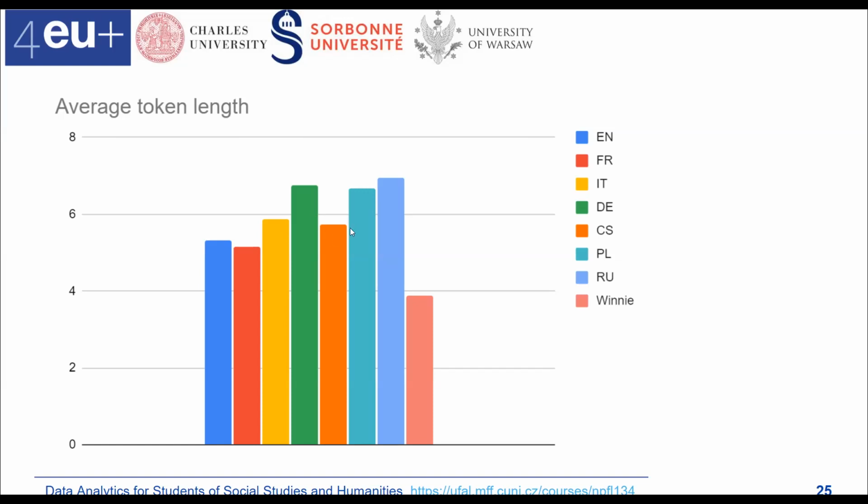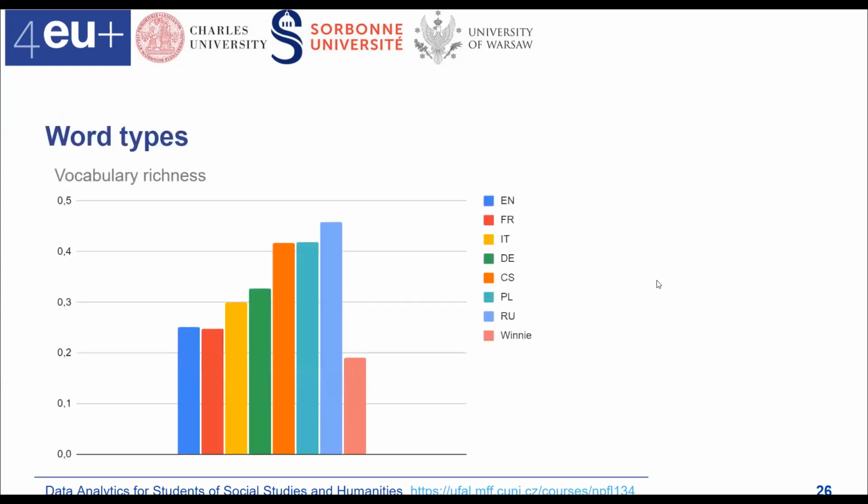So I would say that it would be good to look into the way these documents are translated in these two Slavic languages in order to see the reason why the average word length is a little bit shorter in Czech than, for example, in Polish. So the next slide, please.